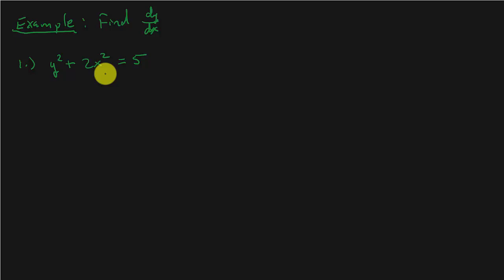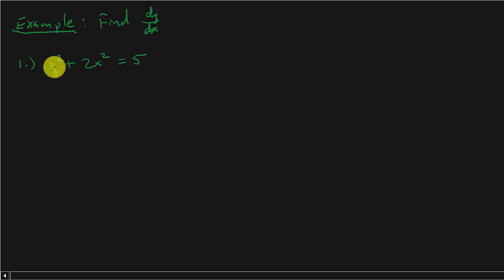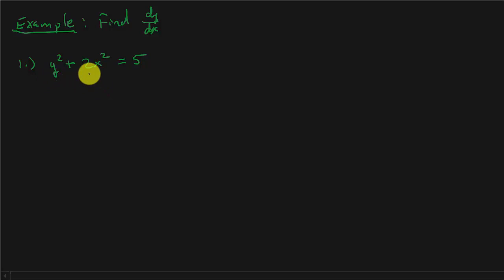I'm going to explain what's going on, and then I'm going to tell you an easy way to do it. But I think it's important you understand what's going on also. So let's look at this first example: y squared plus 2x squared equals 5. Take the derivative just like you always do, using the power rule, product rule, quotient rule, chain rule, all of that.